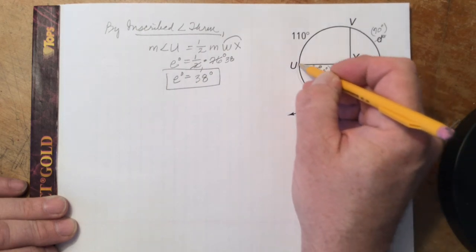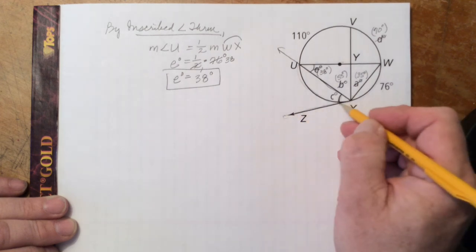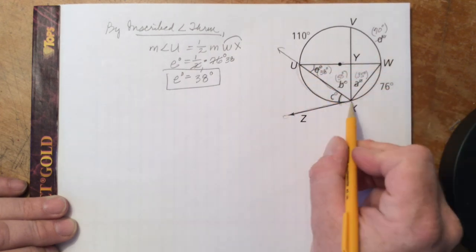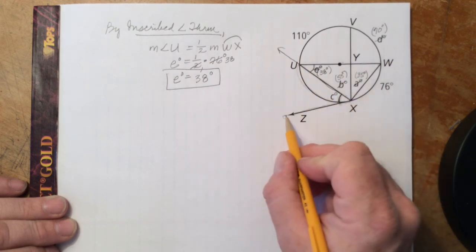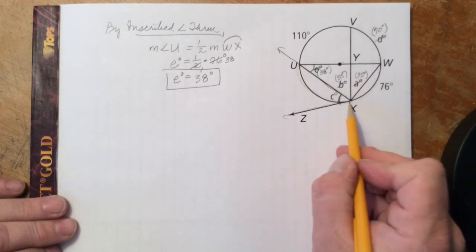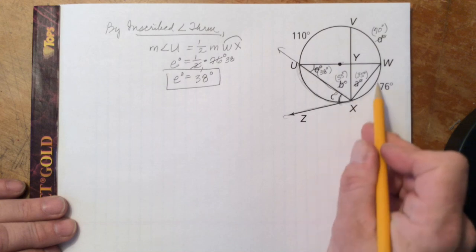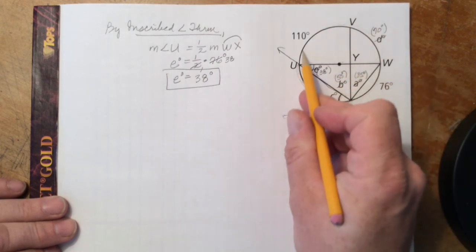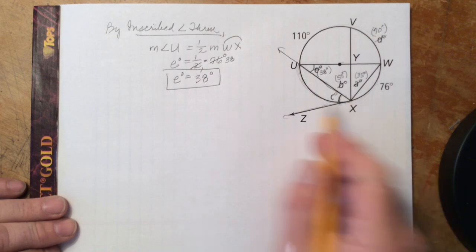Notice this angle intercepts this arc right here because it uses a chord right here and a tangent right here. But before we can do that, we need to find this measure. Well, it just so happens we have all the rest of the circle, if we add them together.